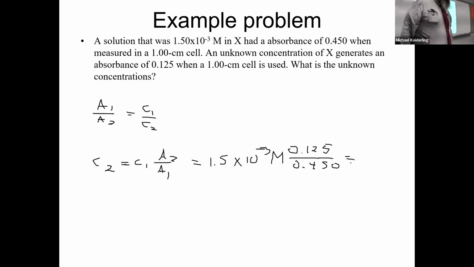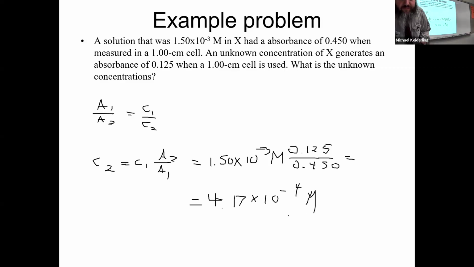And that will give a final concentration of 1.5 times 10 to the minus 3 times 0.125 divided by 0.45, which is 4.17 times 10 to the minus 4 molar.